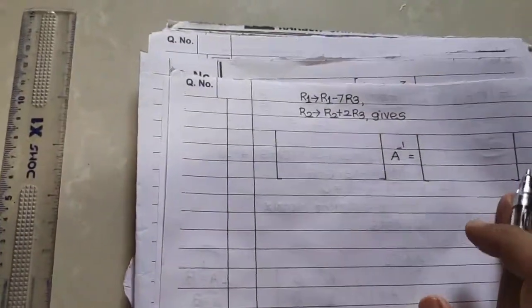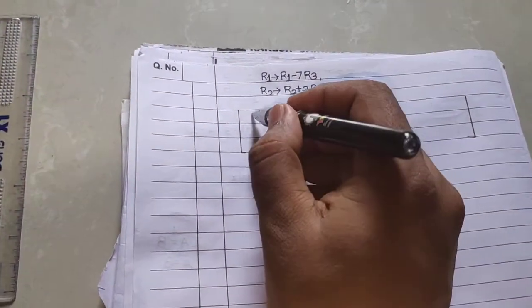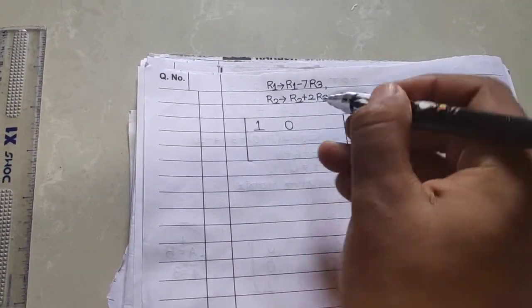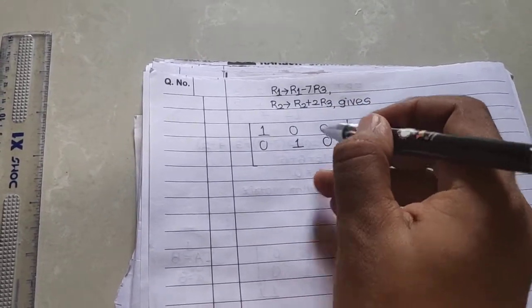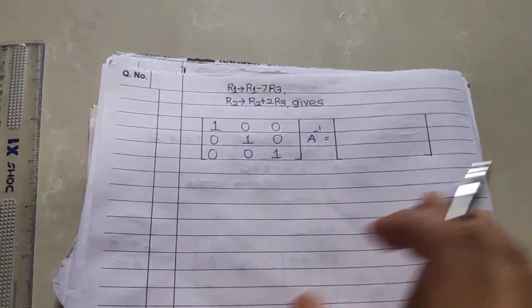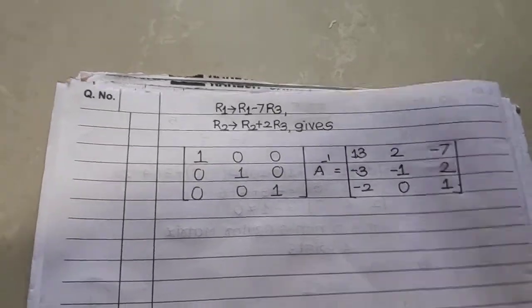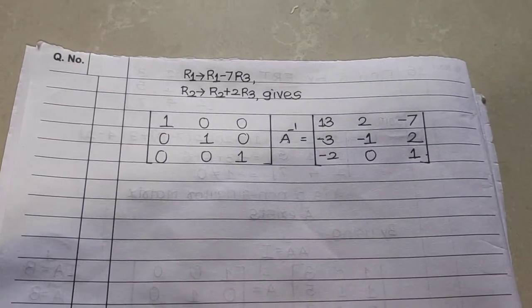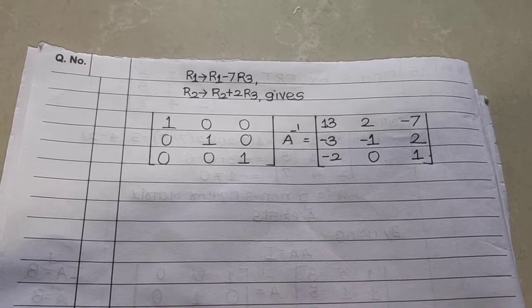So there is definitely a change over here. So what is that change? Definitely identity matrix will be created over here, and that's what we get at the end of all steps: 0 0 1 into A inverse equals to. So these are the operations. If we perform R1 changes to R1 minus 7R3 and R2 changes to R2 plus 2R3, we come across this.